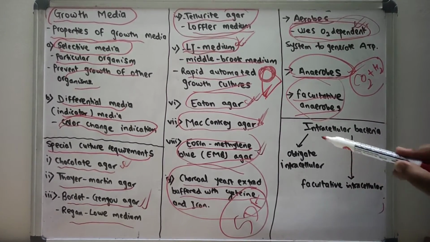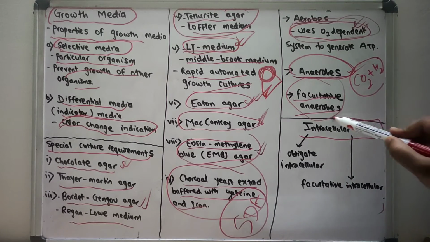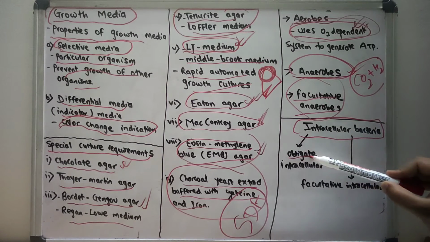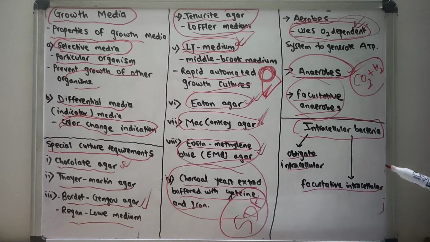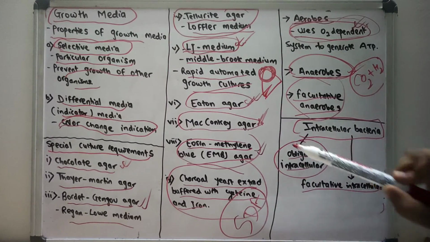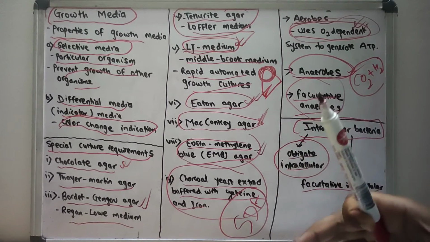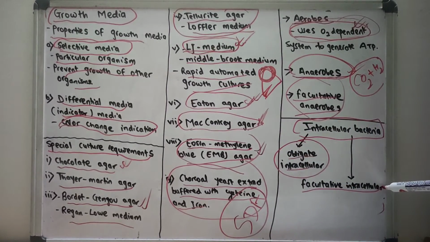Now let us talk about the intracellular bacteria. The intracellular bacteria can be divided into two: obligate intracellular and facultative intracellular. As the name suggests, the obligate intracellular are those types of bacteria that must reside inside the cell, but the facultative intracellular can also operate outside the host cells.